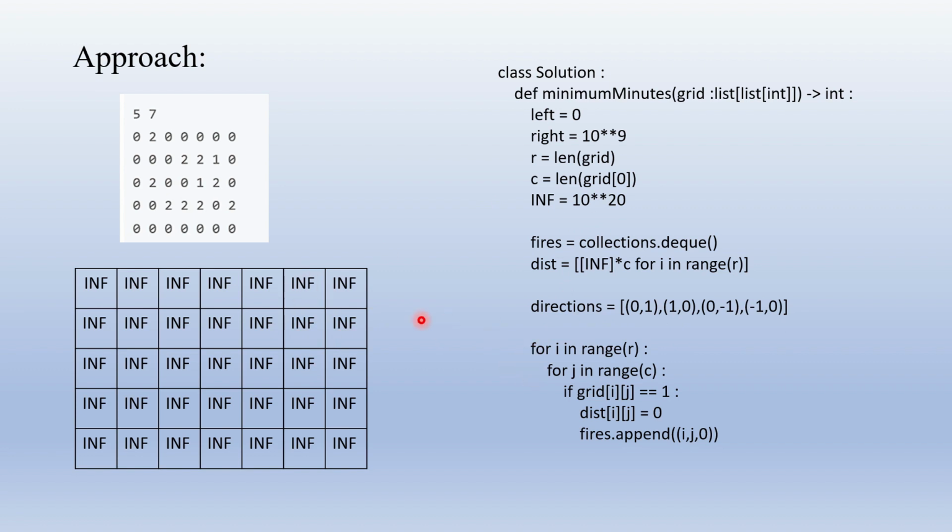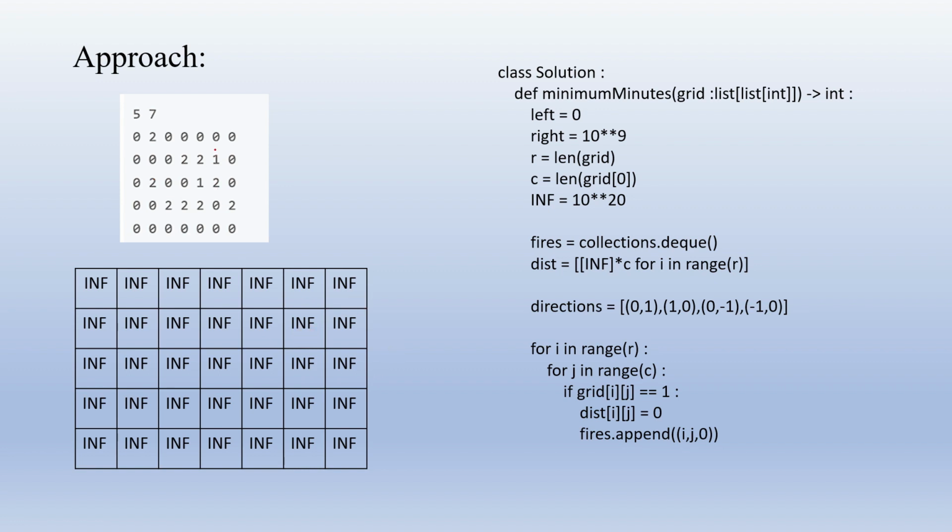First of all, we take 2 loops and mark the distance. This is the distance matrix. The distance matrix has 0 where the grid cell contains 1. In each position where the grid matrix contains 1, we update the distance matrix as 0 because the cell is at the 0th time.